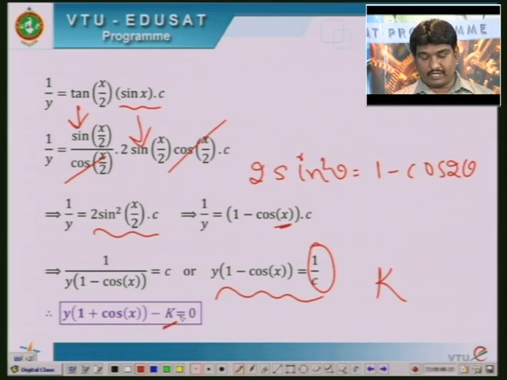Observe that I have written k here, and in the solution for the first part of the equation I have written c. So, 2 arbitrary constants I have written, but ultimately when you are going to write general solution, you should write only one arbitrary constant. So, without loss of generality, I can write this k as c.